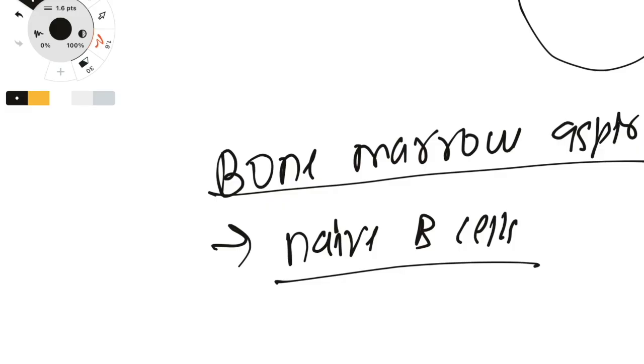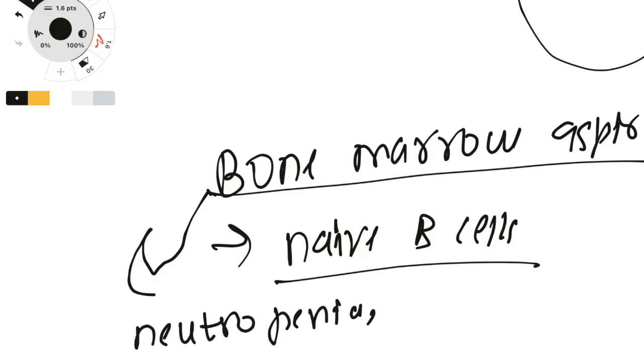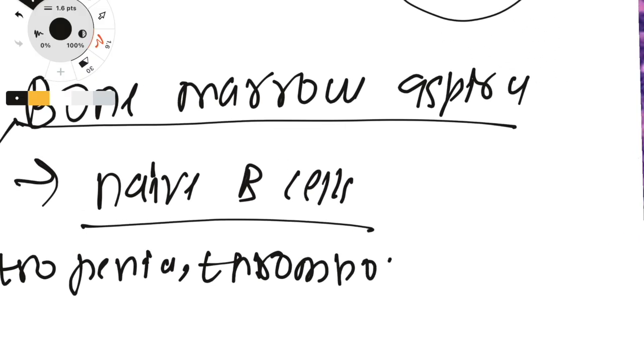But in end stages, when the naive B cells become very malignant and multiply very much, they even take the space of the other cells, then in later stages this leads to the progression to neutropenia and thrombocytopenia, which can lead to bleeding, purpura, and all sorts of bad things.